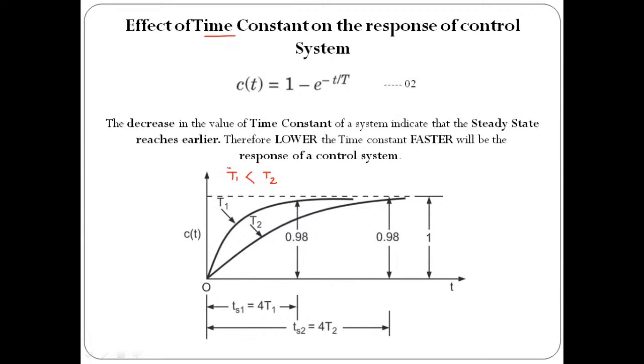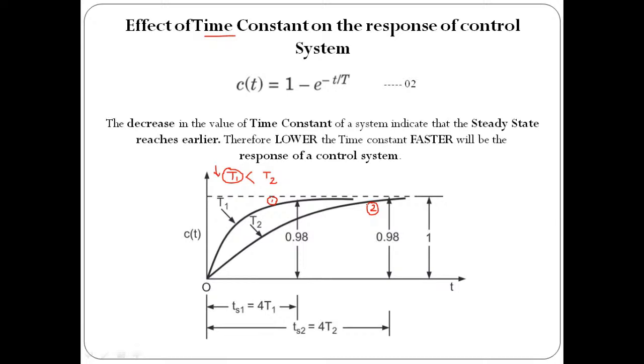So the moment the value of time constant is low, automatically the response of the system is fast. See here, this system 1 will take less time to reach final value as compared to system number 2. That is very important. So by controlling the value of time constant, we are in a position to control the rate of response of that particular system.